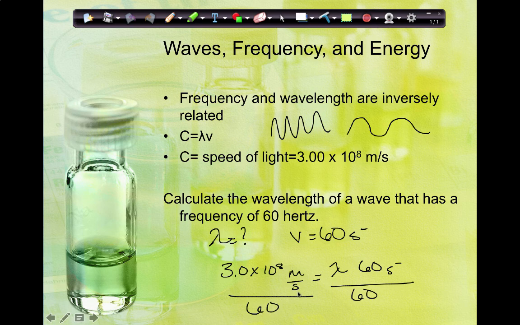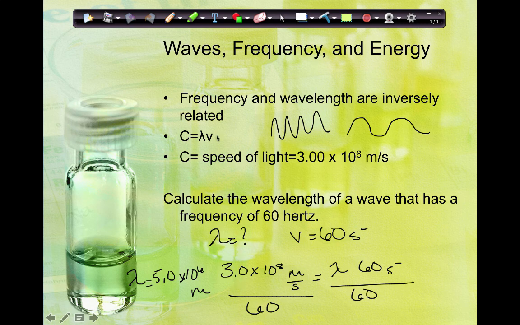And then this is how our seconds will get canceled, because remember, hertz is seconds to the -1st. So our wavelength here is going to be equal to 5.0 times 10 to the 6 meters.